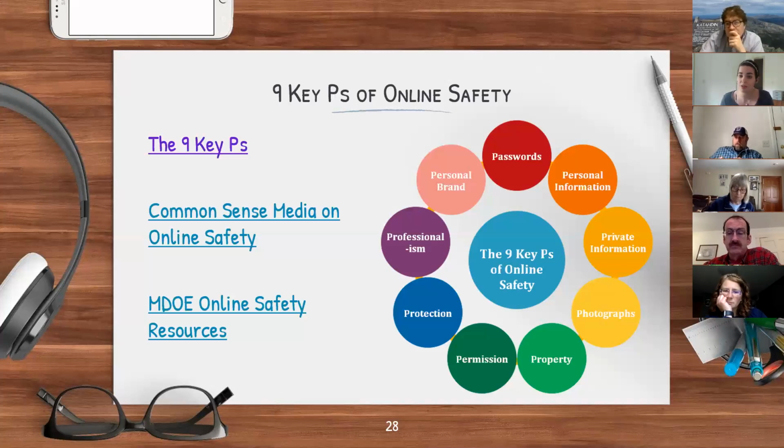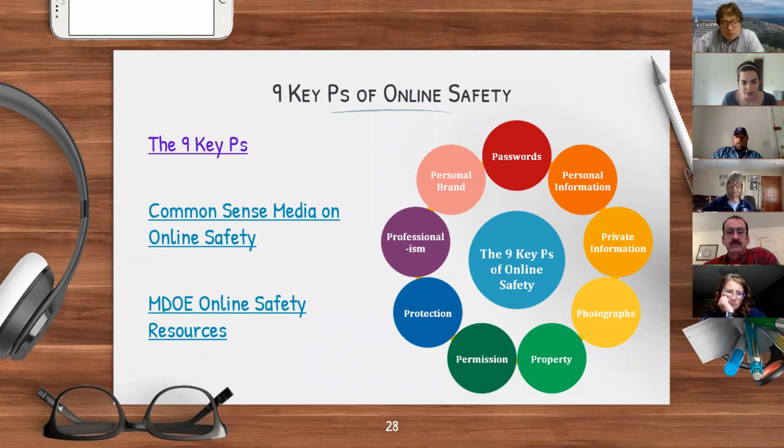So that article is really interesting, because it provides a different perspective on online safety. And then I also included the MDOE page that has a lot of information on connectivity, online safety, digital citizenship, all of those kinds of things. So that's a really great resource as well. And again, we will be sharing out this PowerPoint, so you will get all of those links.